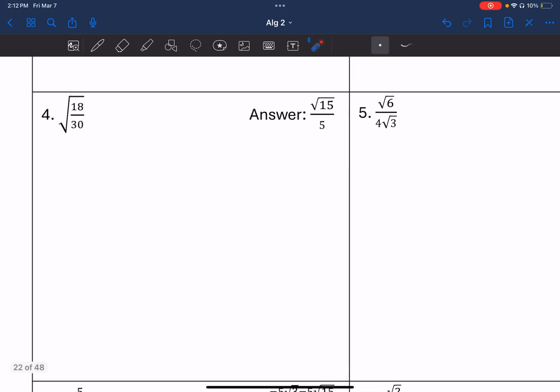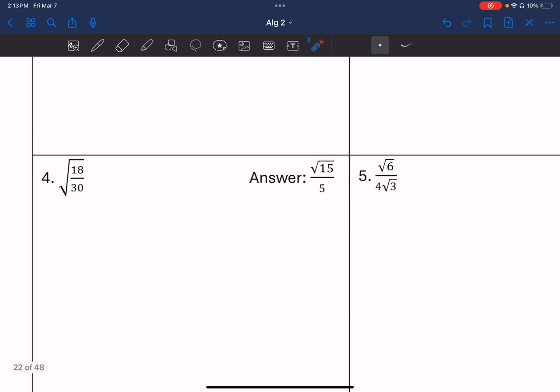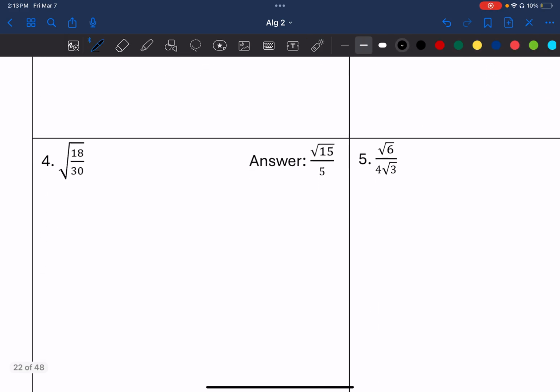Now, this one is kind of similar in that we can break this up into the square root of 18 over the square root of 30, and we can go from there, right? We can just do this step, but we can also simplify first.